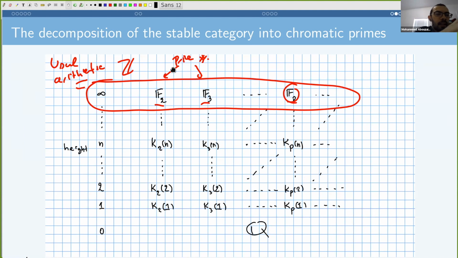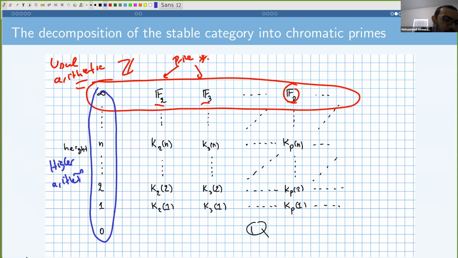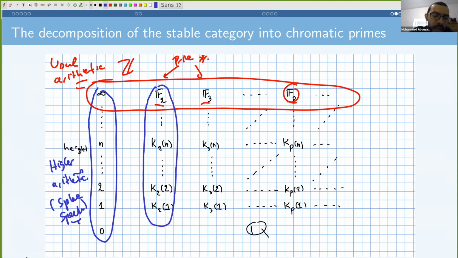Now there is a bigger picture, which you can call maybe higher arithmetic, and that is related to the sphere spectrum. And in higher arithmetic, you still have the usual primes, but each of the usual primes kind of decomposes into finer primes.